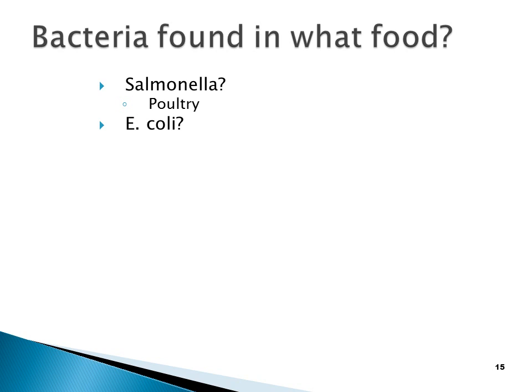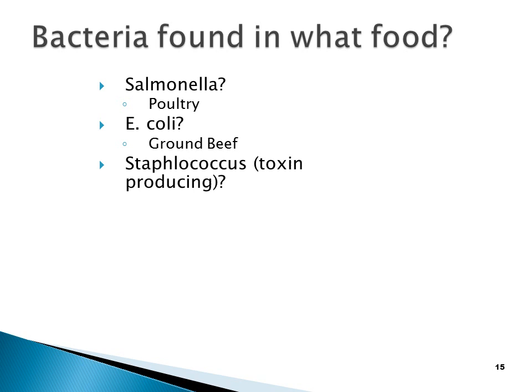E. coli would be found where? Ground beef. Staphylococcus, staph, which produces toxin, which we like to call poop, would be found where? On people. Skin, nose, hands of people. That's why we don't want them blowing their nose and scratching their nose, scratching their hair.